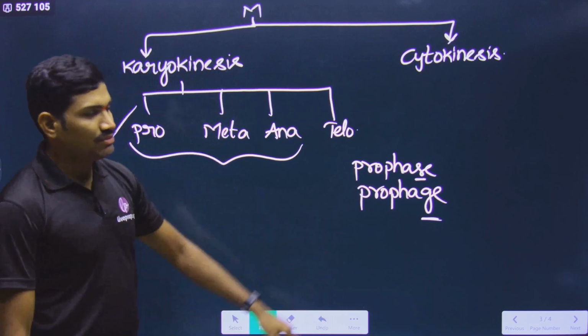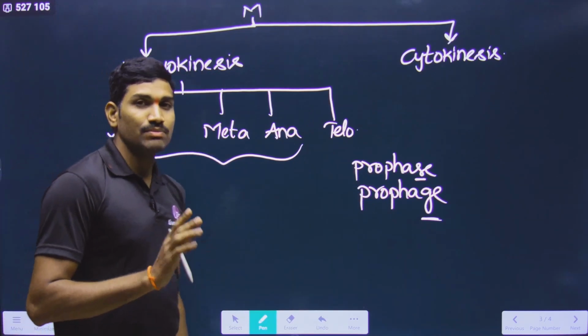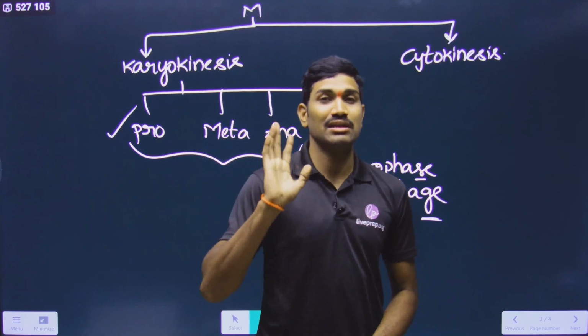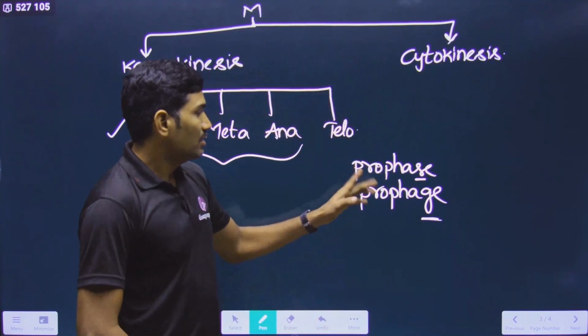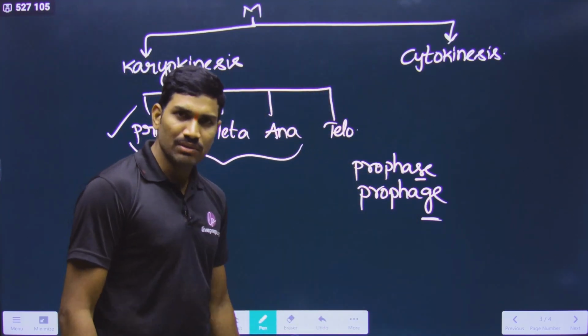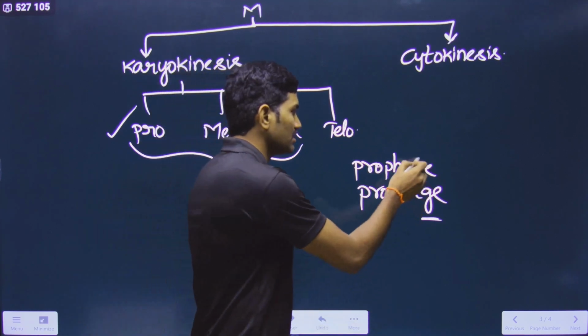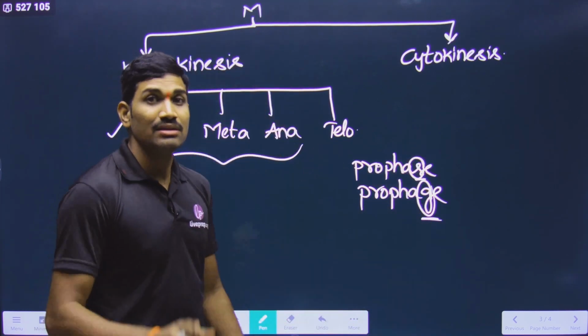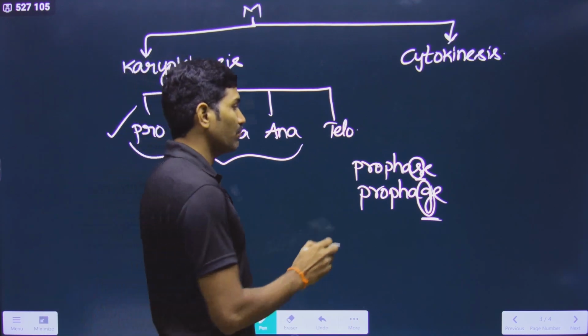Is there any difference between these two? Regarding these things, please remember what to focus on, what not to focus on. These things I also told you in the introductory lectures, right? Please go through that. Prophage, prophase, are these two the same? Here S is there, here G is there, but the remaining spelling is the same. Are they same or different? They are different. Please understand.